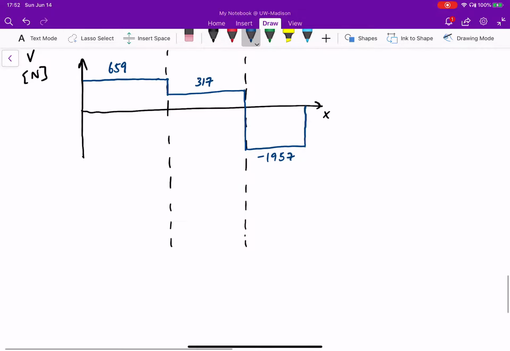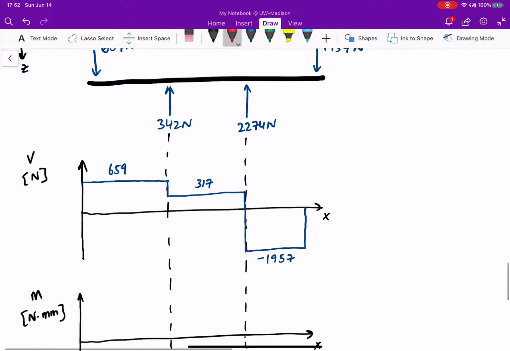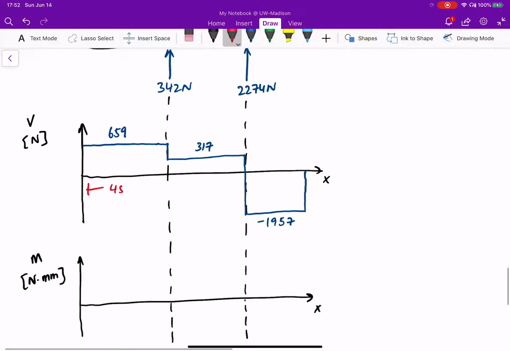And using the same method we did for the XY plane, we can draw the bending moment diagram. So this is our bending moment. Again, I'll do it in Newton millimeters. So first we have 659 for, again, these are the distances, 45, and these are all in millimeters, 30 and 20.